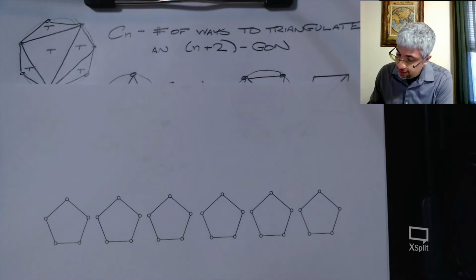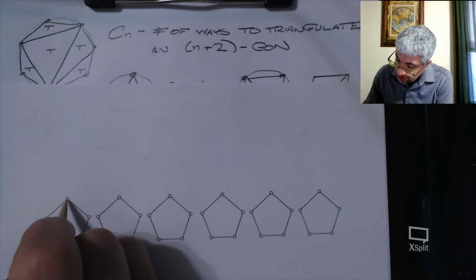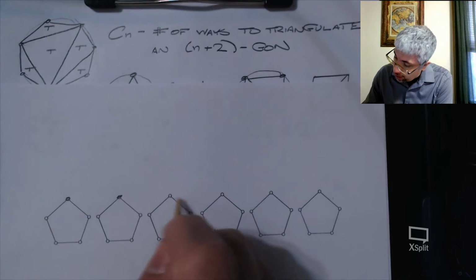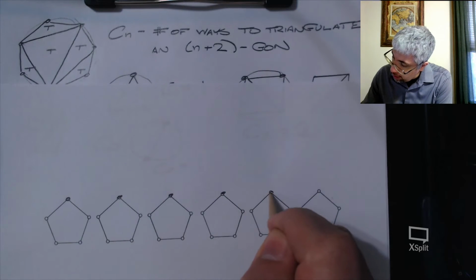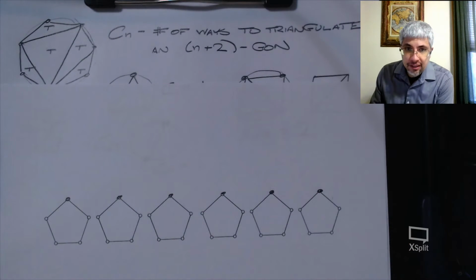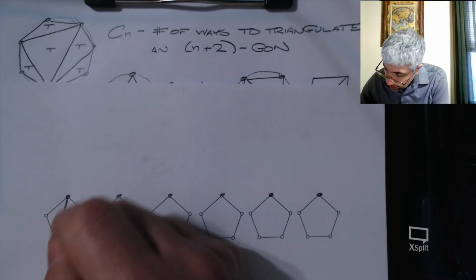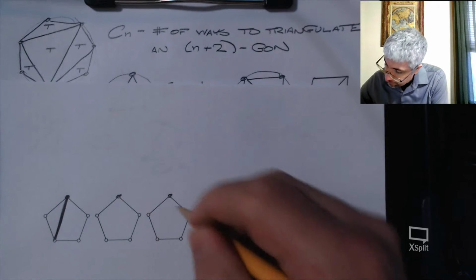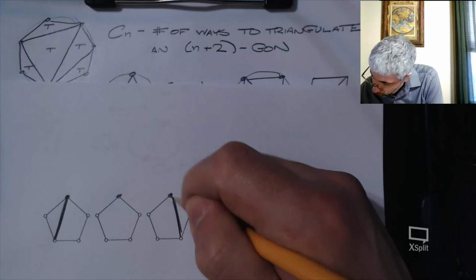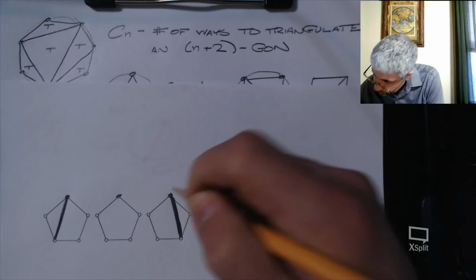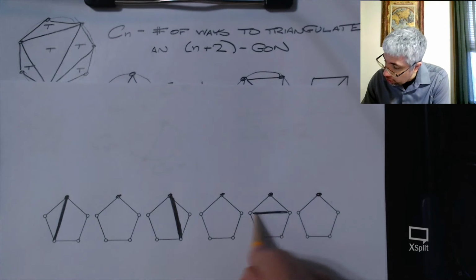So how do I find C5? Well, there's one thing I could do: I could label a vertex. And I could say, okay, what am I going to do? I'm going to look at where this vertex connects. For example, the vertex could connect here, or it could connect here, or it could connect nowhere.